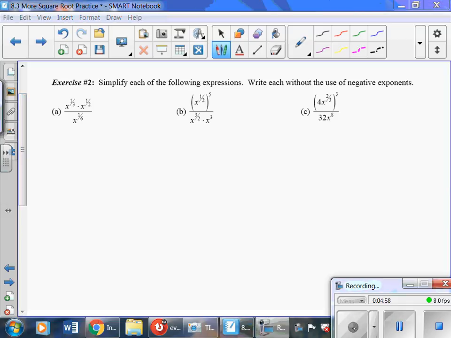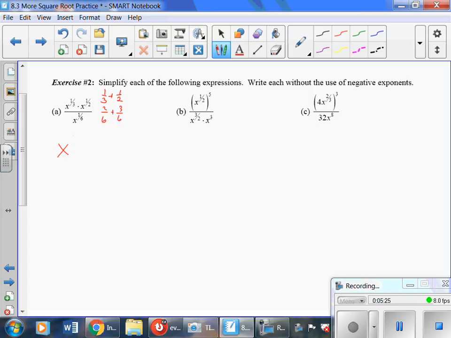Okay, here we go. So in our numerator, we have the same base, so we're going to keep the base and we're going to add the exponents. So 1/3 plus 1/2, again, calculator is easier here, but you need a common denominator. So 1/3 is the same thing as 2/6. 1/2 is the same thing as 3/6.